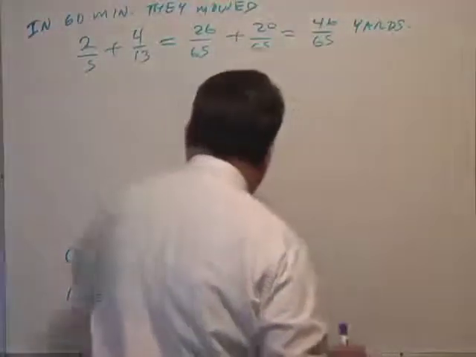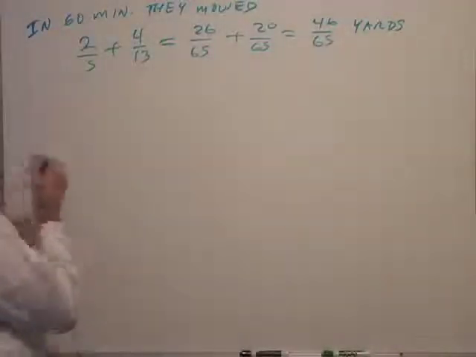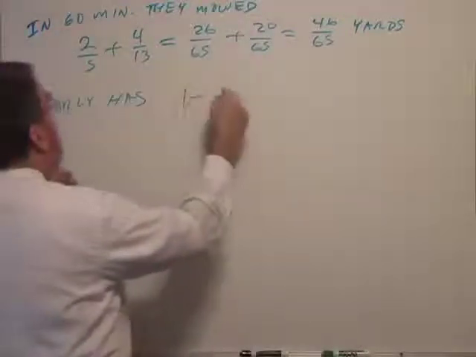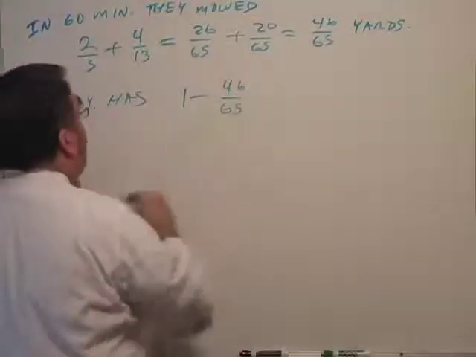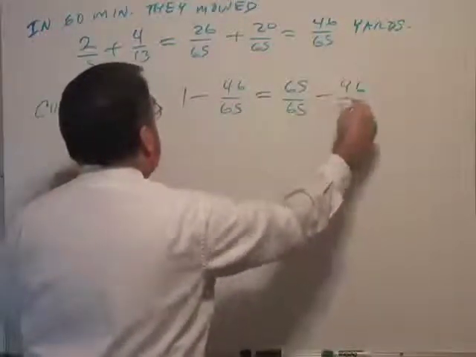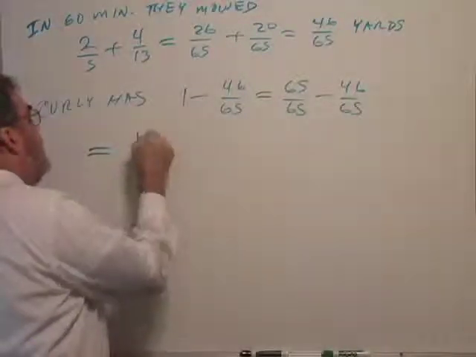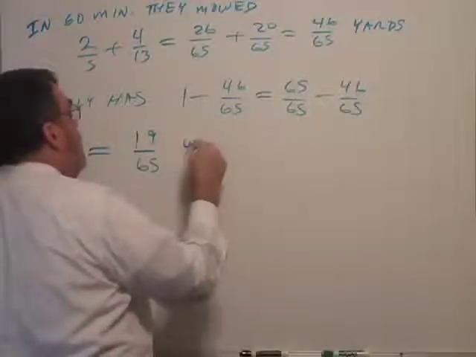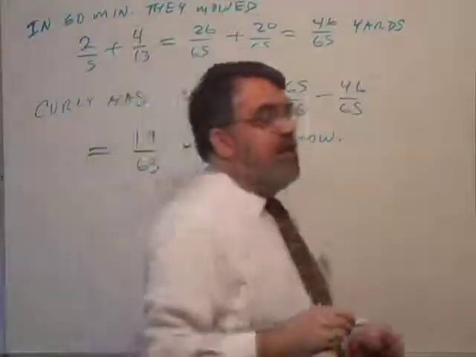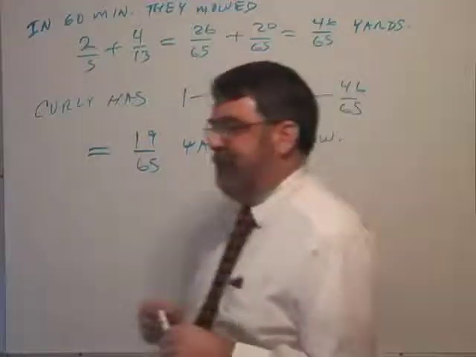All right, so Curly has 1 minus 46 over 65, which is 65 over 65 minus 46 over 65, which is what? 65 minus 46 is 19 out of 65 yard to mow. All right, so that's what's left over. He has that fraction left to mow, 19 over 65.